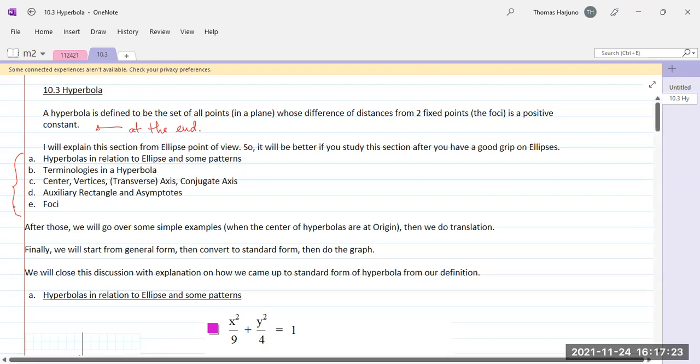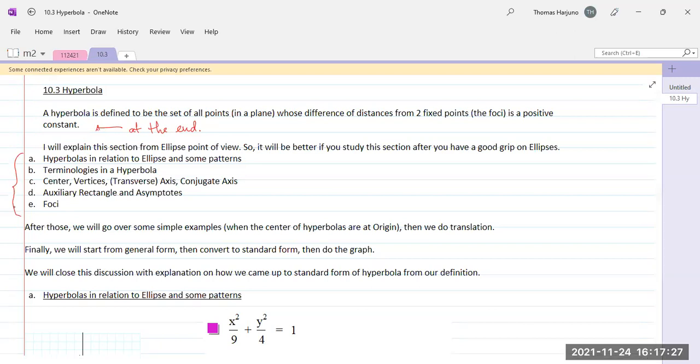After that, we zoom into a hyperbola and learn some terminologies, to find the center, vertices, axis, conjugate axis, and then get the auxiliary rectangle and asymptotes, and finally compute the foci. After those we will do examples. Now let's start.